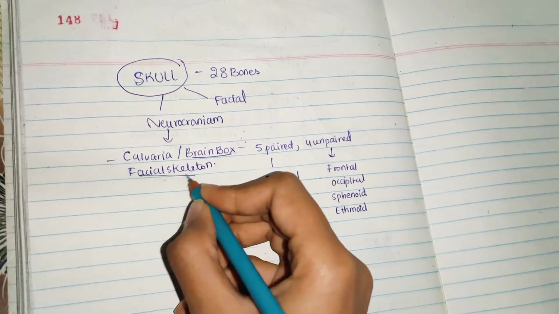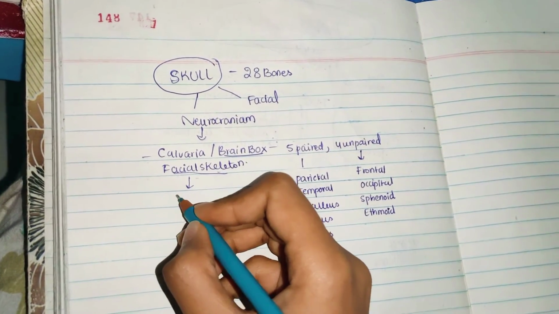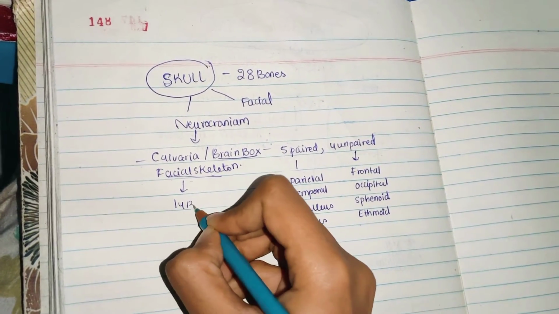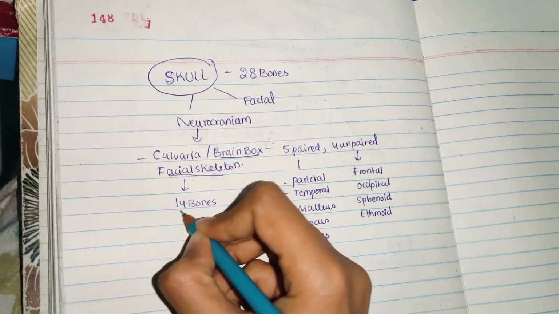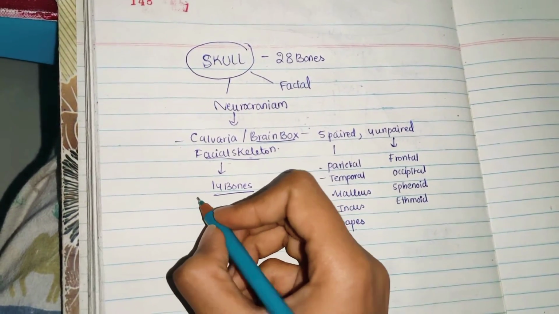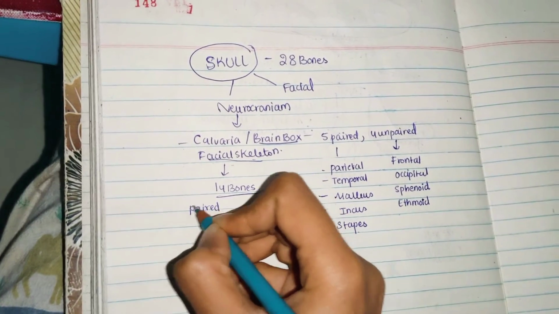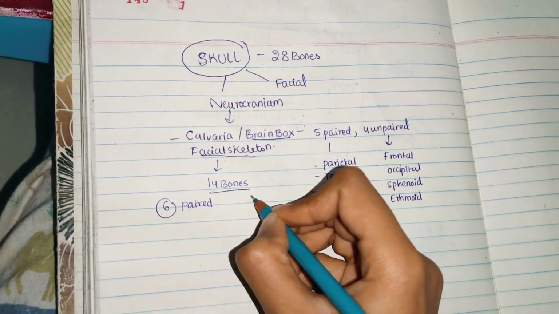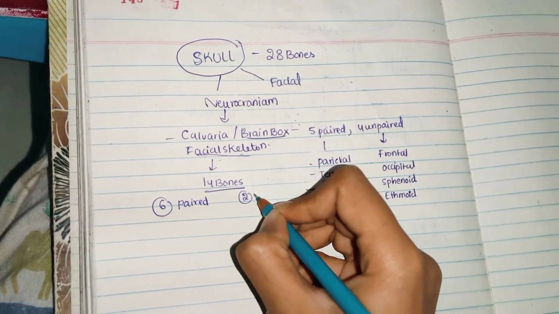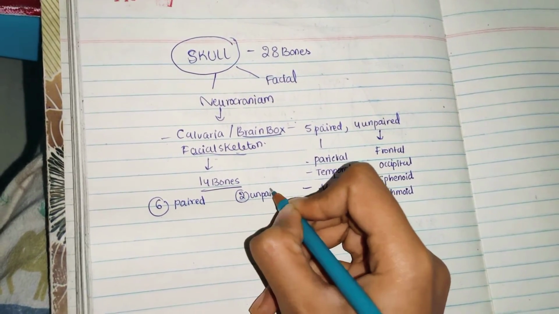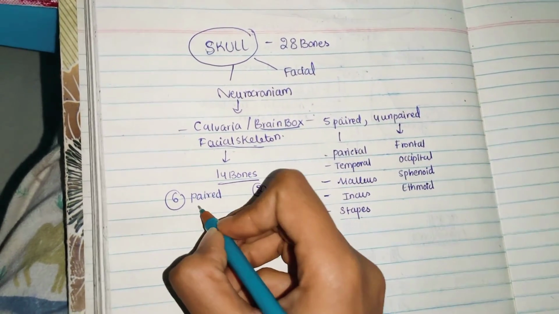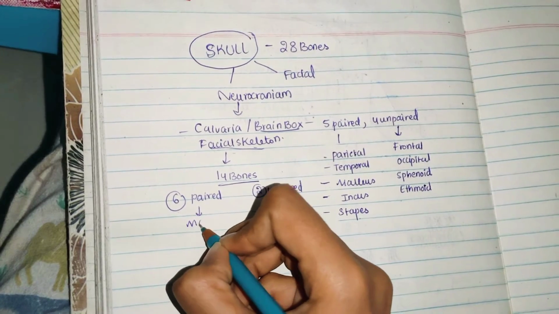Now let us see in face what bones you are having. So in face you are having a total of 14 bones. So 14 bones in face, and here the paired bones are 6 in number and the unpaired are 2. So what are those? The 6 paired bones are maxilla.